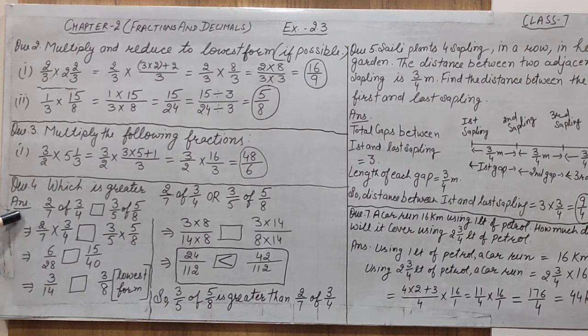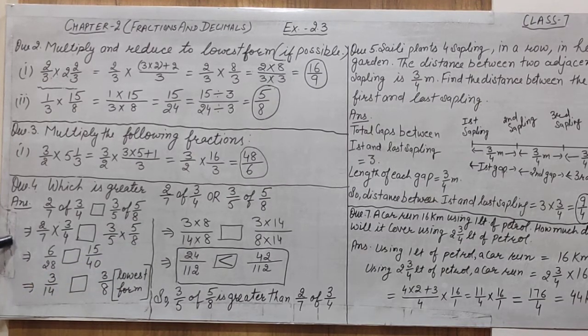In the first step, you have to change "of" into multiplication. As you know, the meaning of "of" in fractions is multiplication. So change it into the mathematical operation: 2 by 7 multiplied by 3 by 4. Similarly, for the second term, 3 by 5 multiplied with 5 by 8.